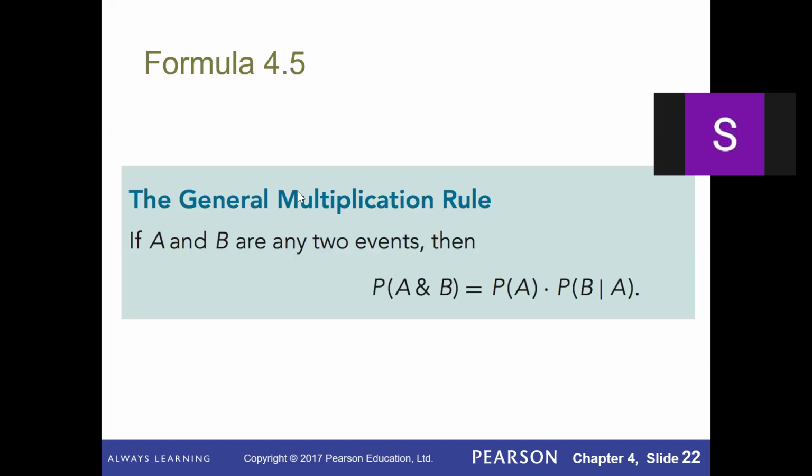The multiplication rule states that probability of A and B is equal to probability of A multiplied by probability of B given A.